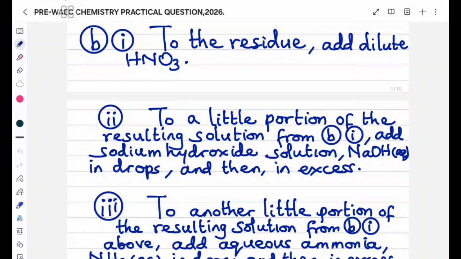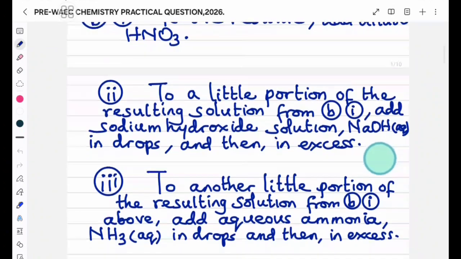You add in excess to know if the precipitate formed in drops will dissolve or not on adding excess of the sodium hydroxide. Don't forget, sodium hydroxide solution is a common precipitating reagent. So we are to add sodium hydroxide solution in drops and then in excess.